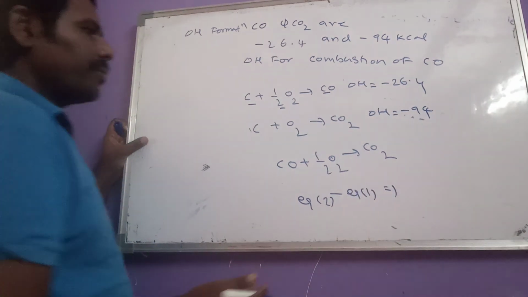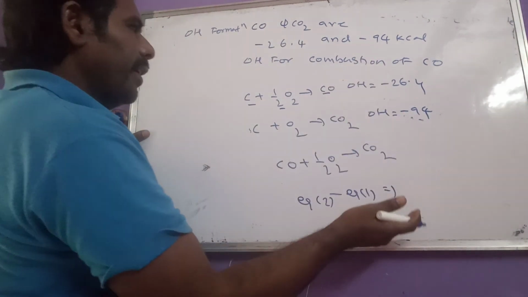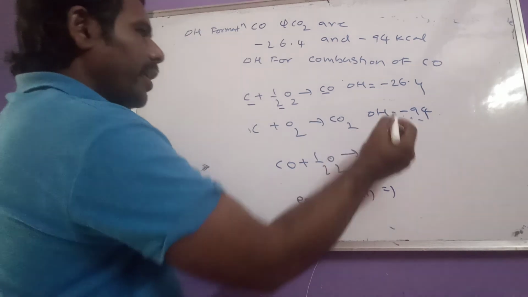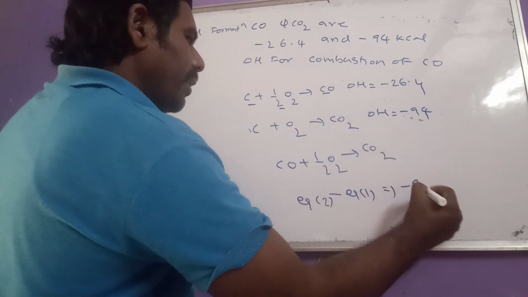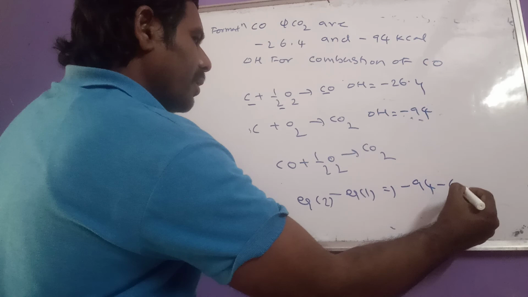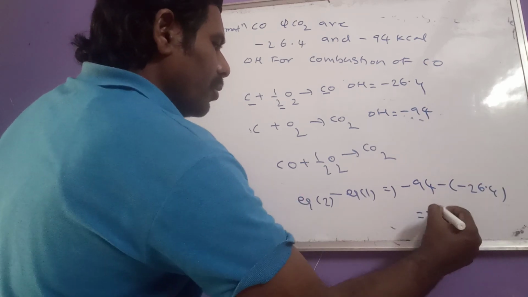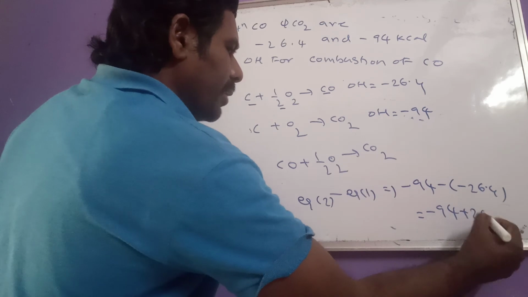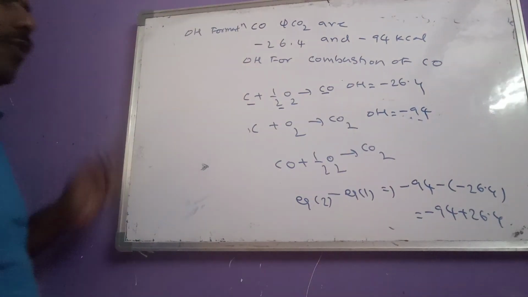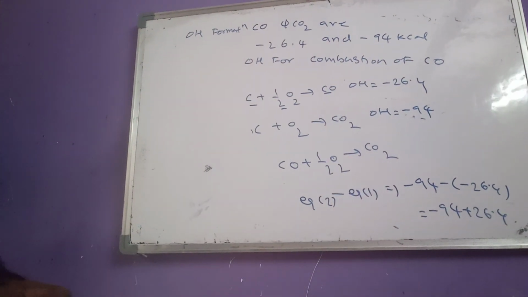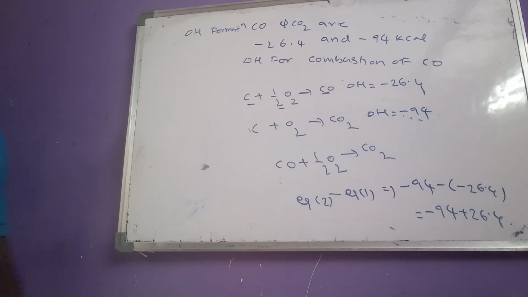Applying this to delta H values: minus 94 minus of minus 26.4, so minus 94 plus 26.4. Like that we can solve for the answer.